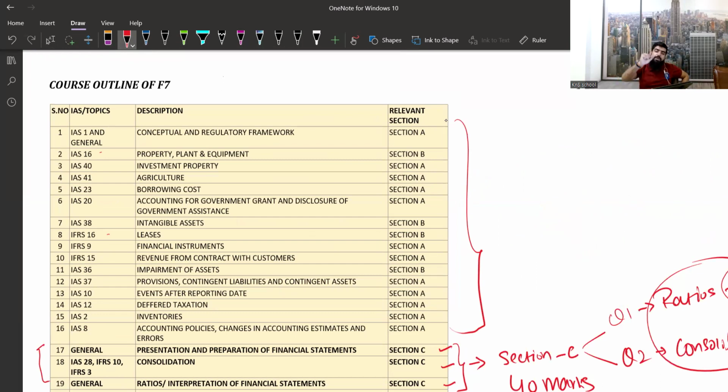The examiner might ask for an adjustment from any of the respective standards, so you must have a very good grip and understanding of all these accounting standards. I hope that this is clear to you guys.